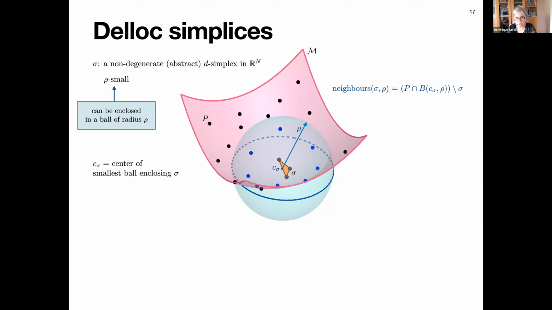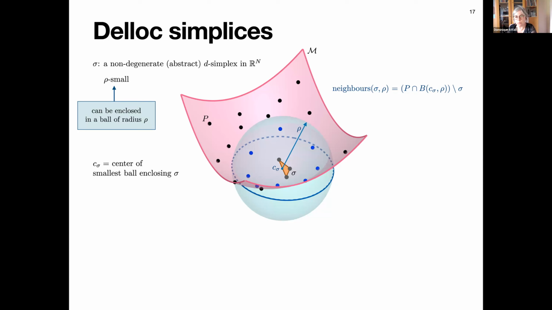So by construction, because of our assumption, this ball is going to contain sigma, but it may contain also other points of P. And those points of P inside this ball that are different from the vertices of sigma, we're going to call them the neighbors of sigma at scale rho.